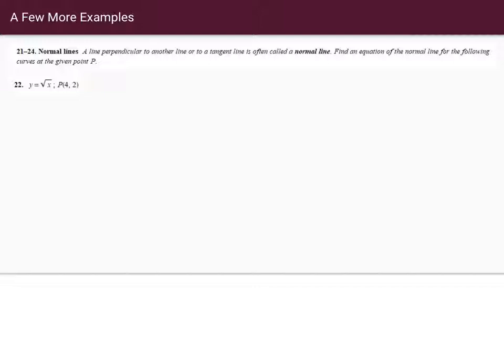You need a point that's on your line, which you are already given. The point where you're going to draw your normal line is 4, 2. Then you need to know the slope of the normal line. What you can calculate directly is the slope of the tangent line, which is perpendicular to the line you want. Use that information to find your slope, and then plug your point and your slope into the point-slope formula. Pause the video, see if you can work out the problem, and then restart to see how you did.